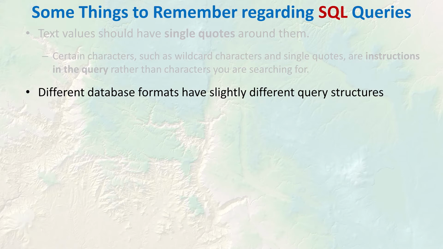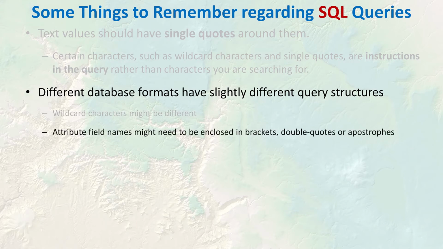Shapefiles and file geodatabases, for example, follow different rules than Microsoft Access databases. High-end databases like Oracle, MySQL, and SQL Server might have their own formatting quirks. For example, wildcard characters might be different. Shapefiles and file geodatabases use the % and underscore characters like I was just describing, but Microsoft Access databases use the asterisk for multiple characters and a question mark for single characters.